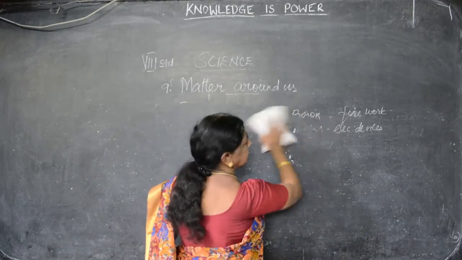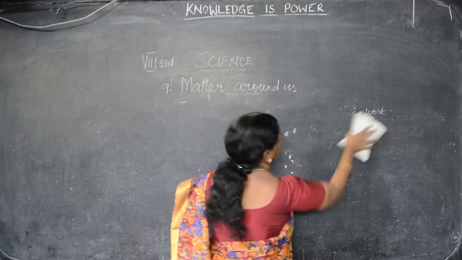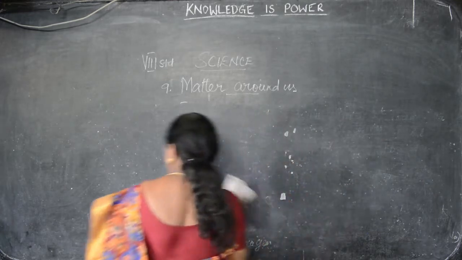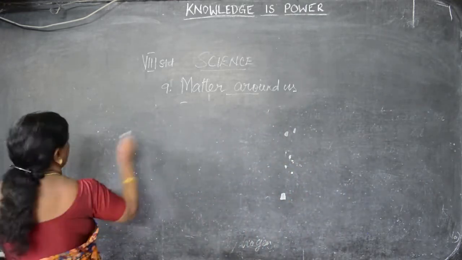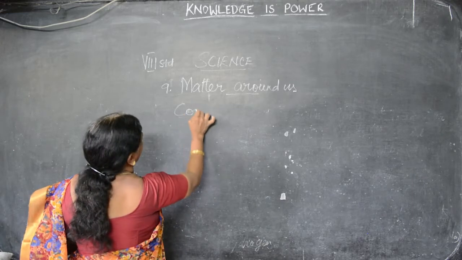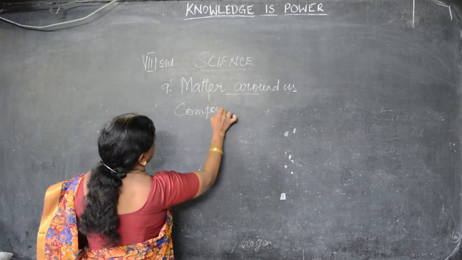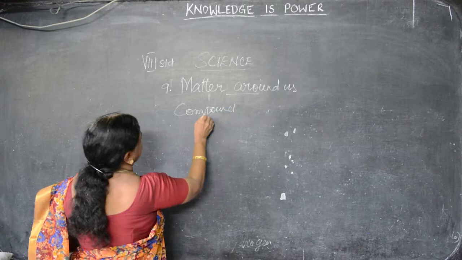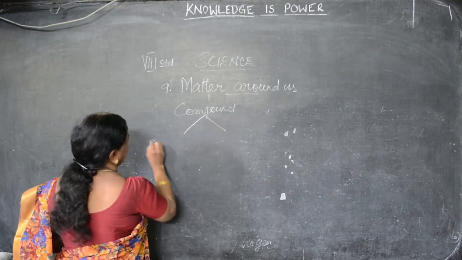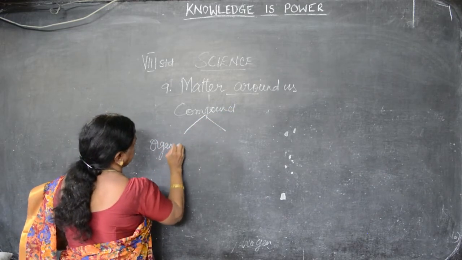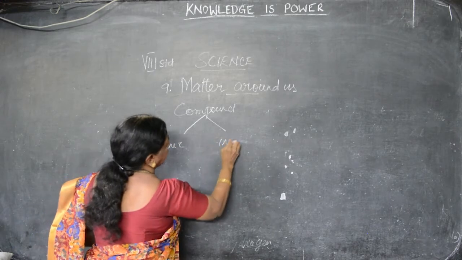Now we have to see what is an organic compound and what is an inorganic compound. Now we are going for the new topic, compound: organic compound and inorganic compound.